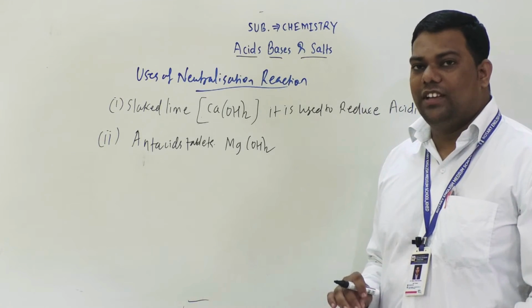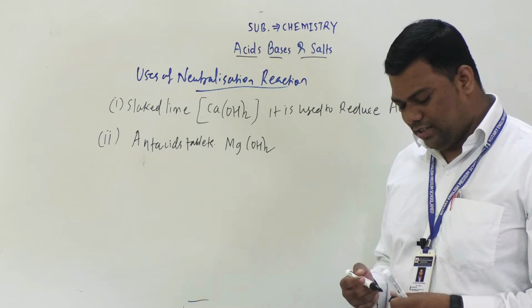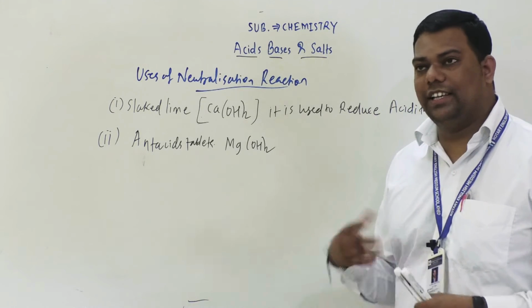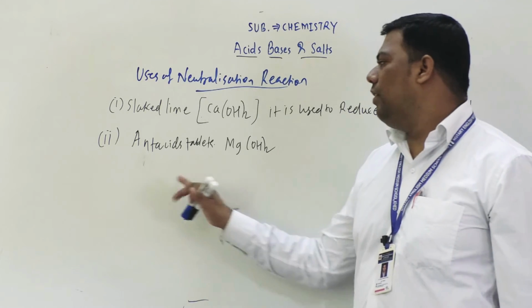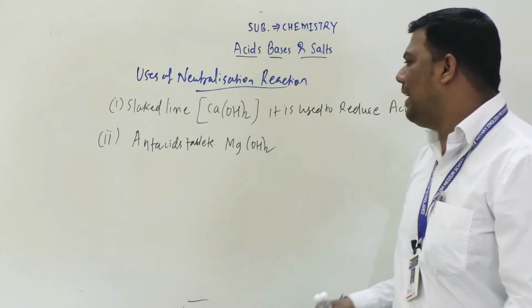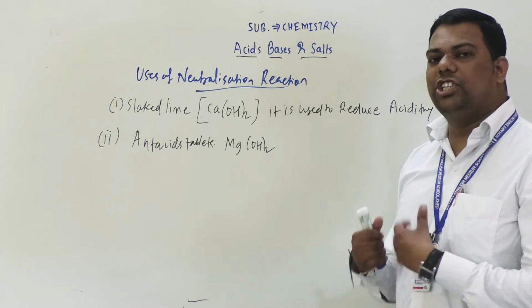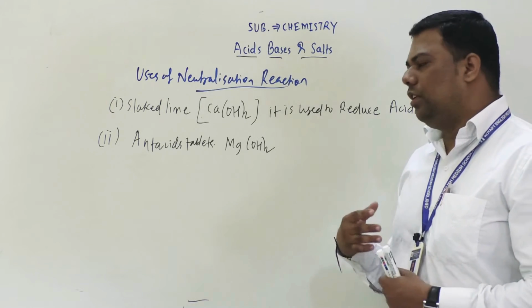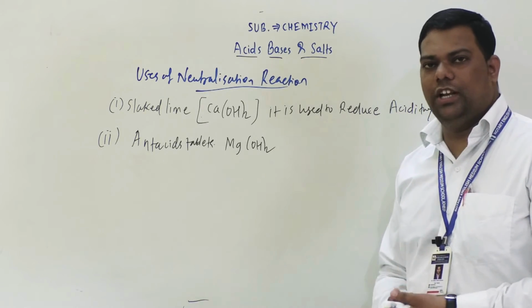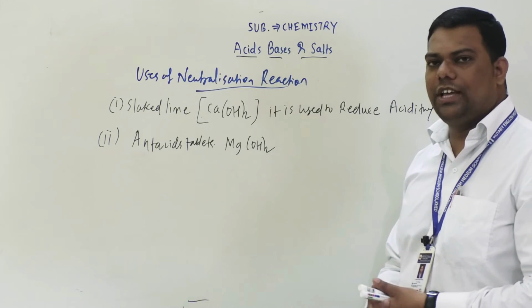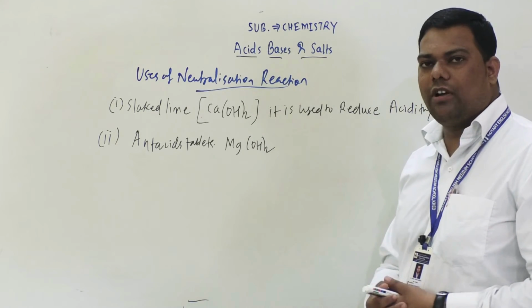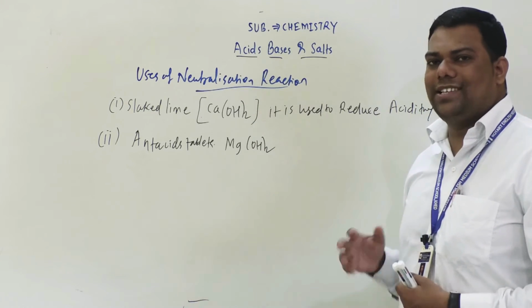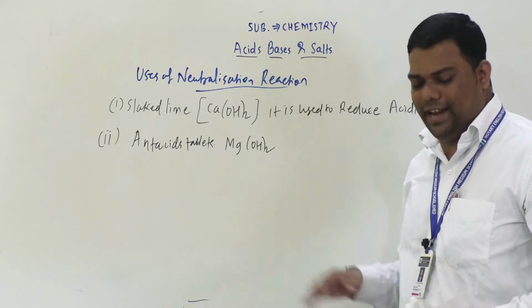When we have acidity, we take these antacid tablets or some syrups also, for example with brand names like Gelusil and Digene, to reduce acidity in the stomach and neutralize it.